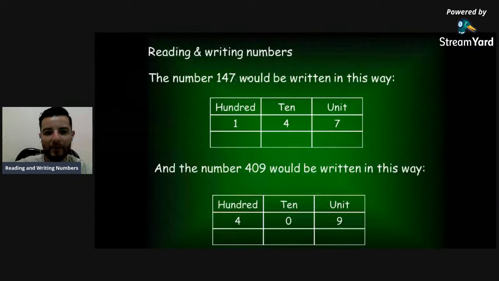So the number 147 will be written in this way: units 7, tens 4, and hundreds 1. So it will be read like this: one hundred forty-seven. And the number 409 will be written in this way. Listen carefully.